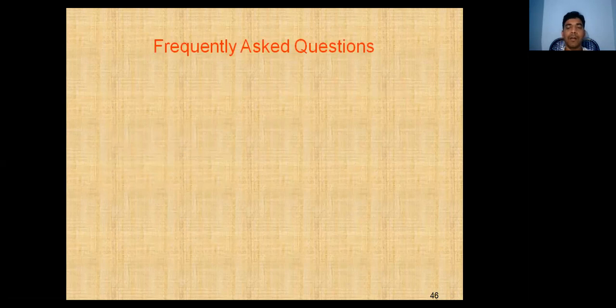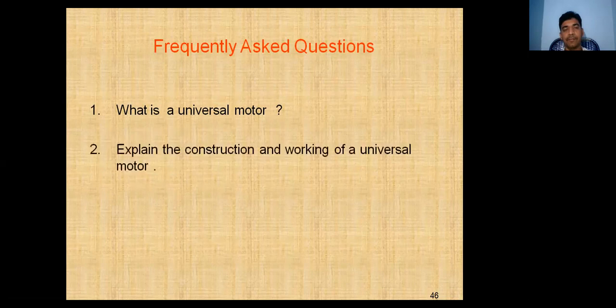So, coming to the frequently asked questions. What is a universal motor? Explain the construction and working of a universal motor.